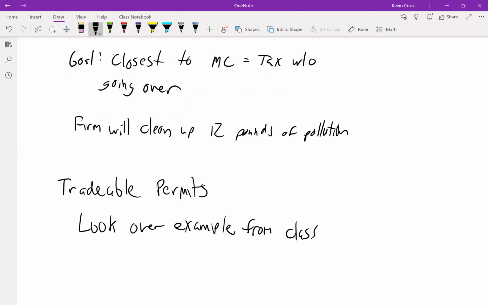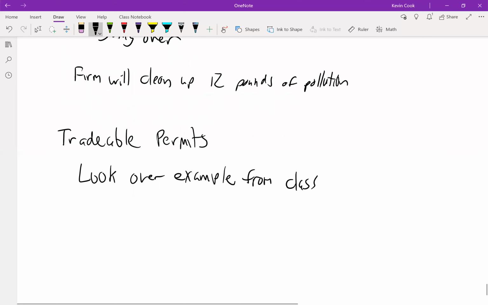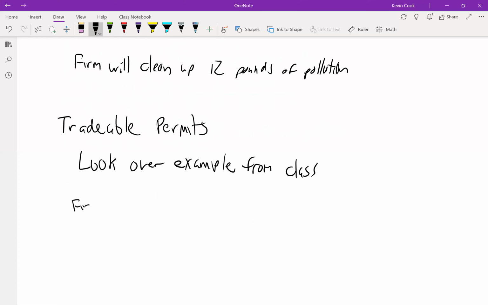Remember, this can come up a number of different ways. So suppose that we have a firm, and make sure if you have words, you read them and really understand what's going on.